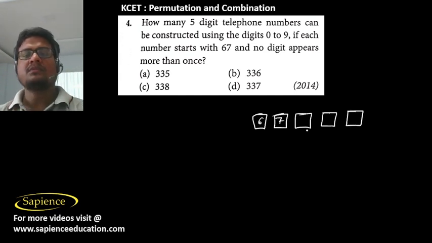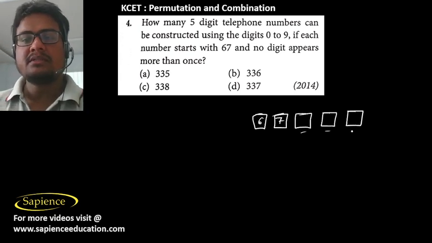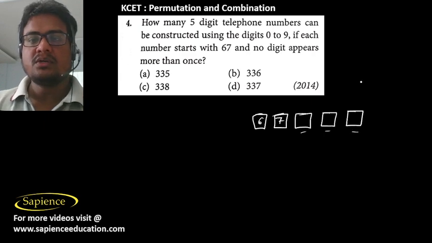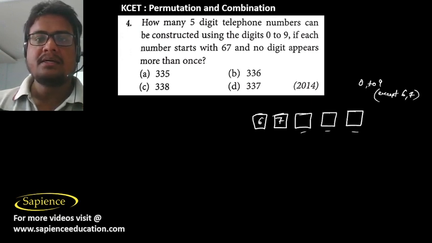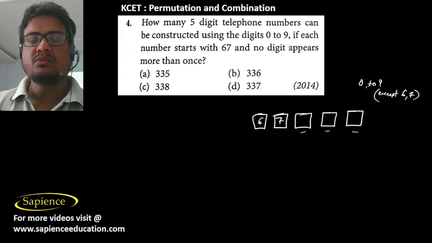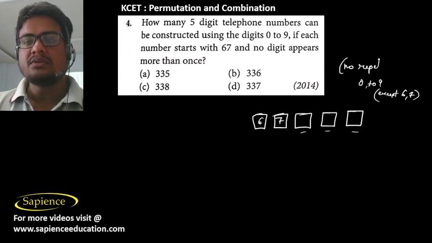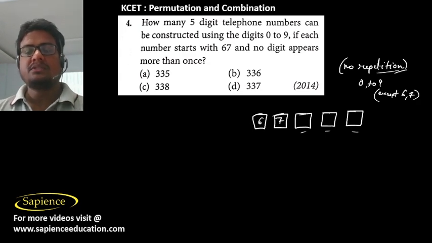So the remaining 3 digits should be filled from 0 to 9 except 6 and 7, since 6 and 7 have been already used, and it is told that no digit appears more than once, it means that no repetition is allowed, that there should be no repetition of the digits.